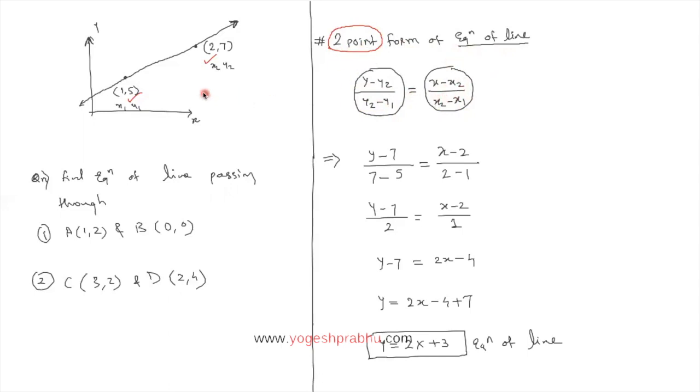If you have 2 points given, like (1, 5) and (2, 7), you can plug them in here and find the equation of a line. We are also finding the gradient here, where the gradient formula is (y2 - y1)/(x2 - x1).